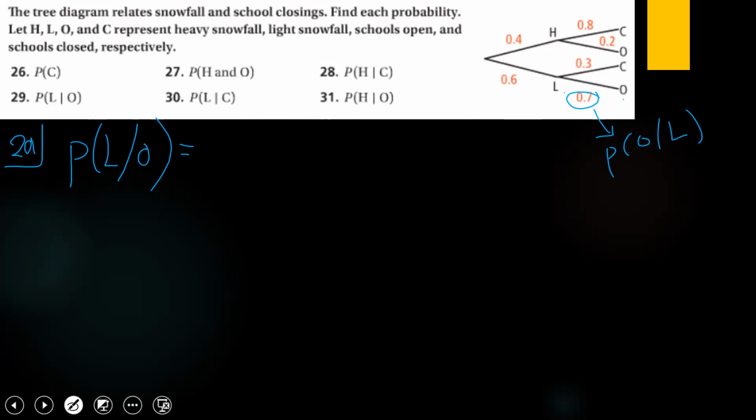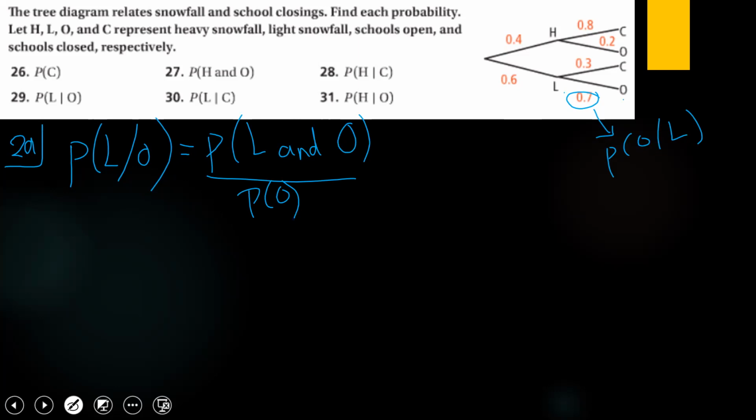So what I have to do, I know from the formula of the conditional probability that the probability of L given O is the probability of L and O over the probability of O. Okay?